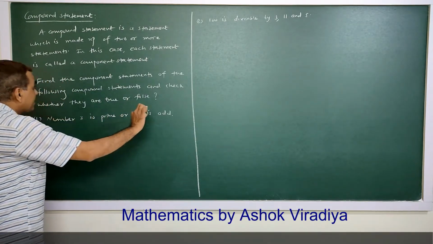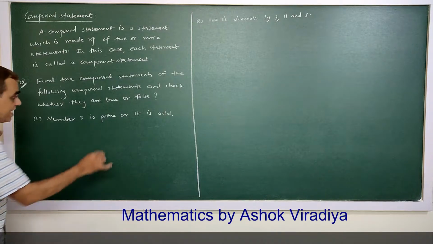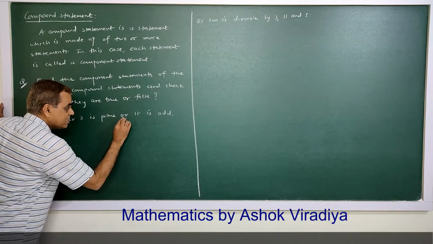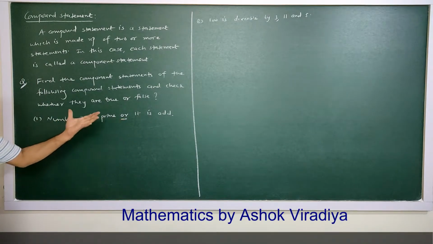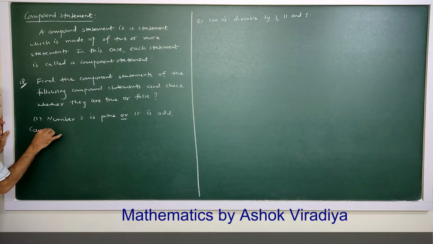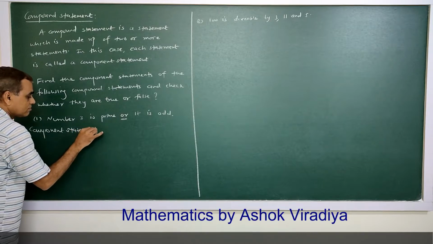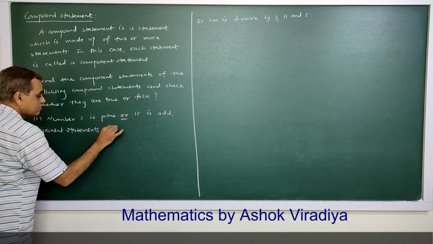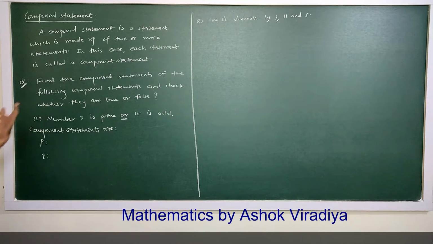This compound statement is made up of two component statements, and the two statements are joined by this logical connective, connecting the two statements. So the component statements, let me denote them, are statement P and statement Q. There are two component statements.